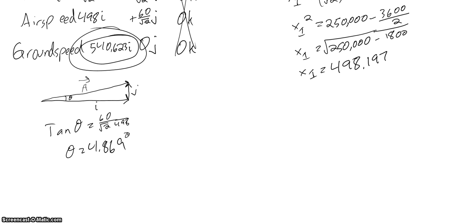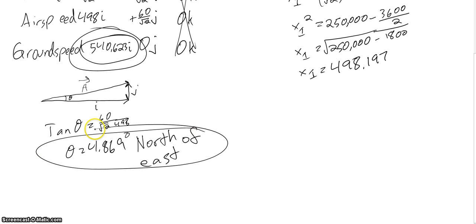And then this notation here is kind of important since we don't have i's or j's, but it's north of east, and that's because i is going east, and so we're aiming a little bit north of east since the wind's coming from the southeast. So you can imagine the plane flying very quickly a little bit north, and the wind blowing very weakly but very far south, and it counteracting so you go exactly east.